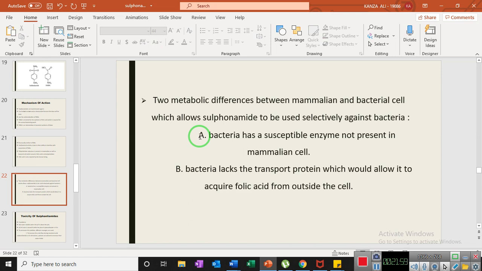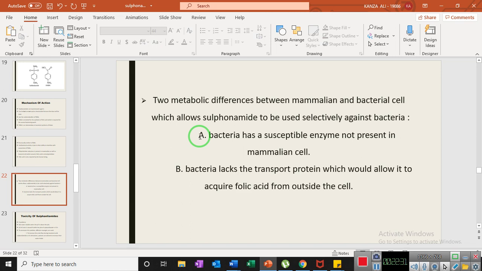Because we have got the selectivity of the molecule against the bacteria. Or in other words, we can also say that mammalian can use it selectively against the bacteria. And how does the molecule achieve the selectivity?